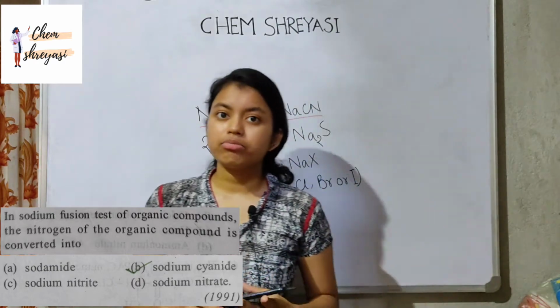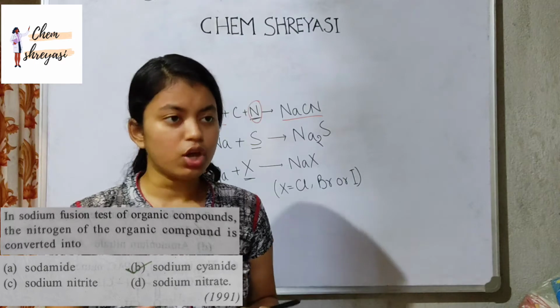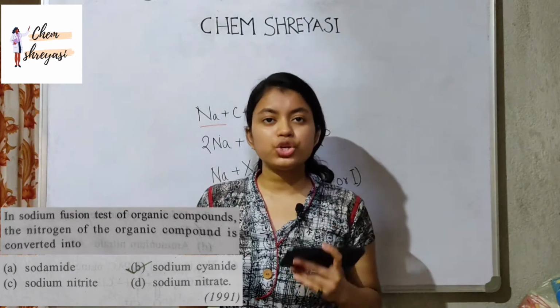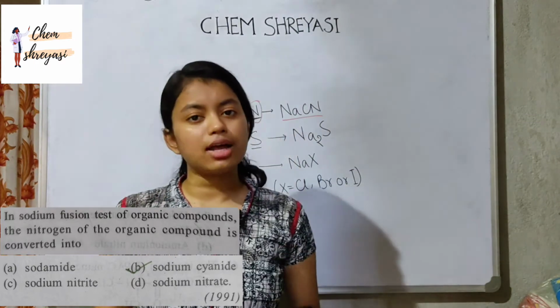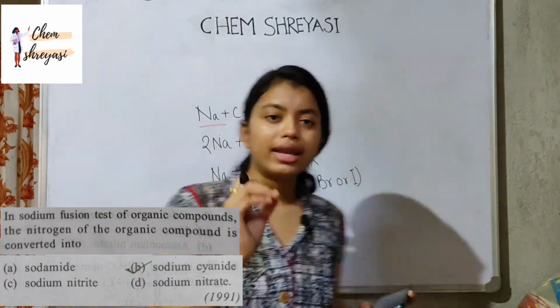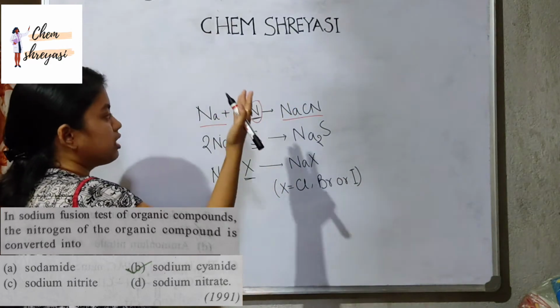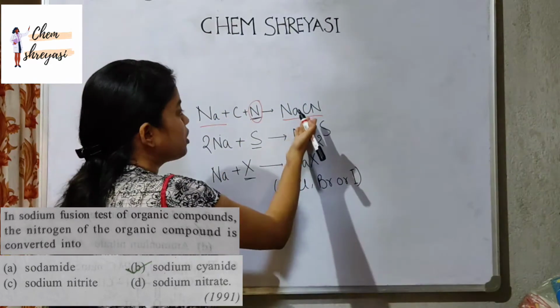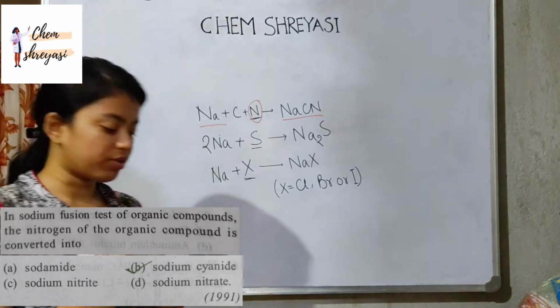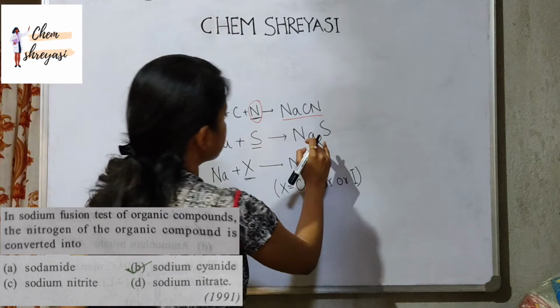Now let me explain why we do that. In the Lassaigne test for halogen, it is very necessary that we remove the nitrogen and sulfur from the organic compound if present. If the organic compound contains nitrogen, it will form sodium cyanide after sodium fusion, and in case of sulfur, it will form sodium sulfide.